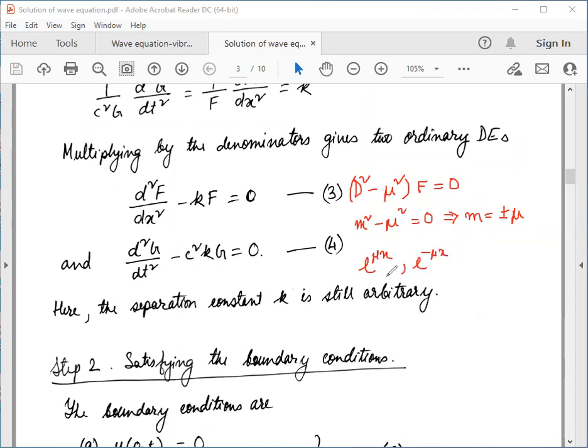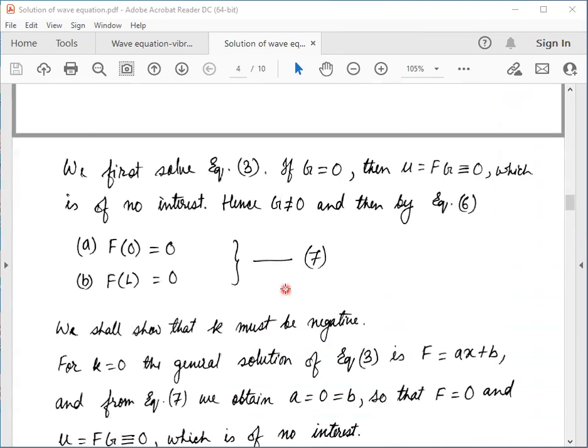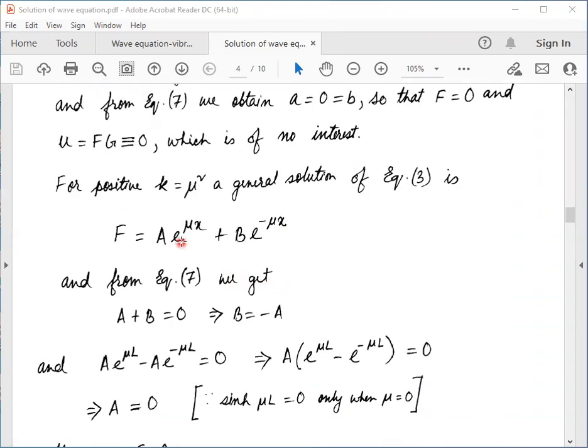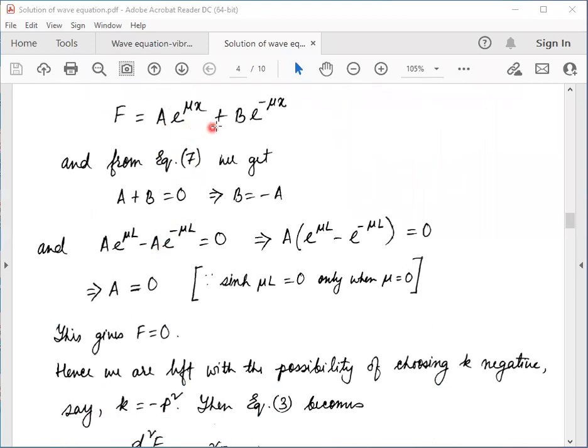If I multiply this by a constant a and this by a constant b and take their sum, this will be the general solution, the complementary function. So this is what we have obtained here: e to the power mu x multiplied by a constant a and e to the power minus mu x multiplied by another constant b.